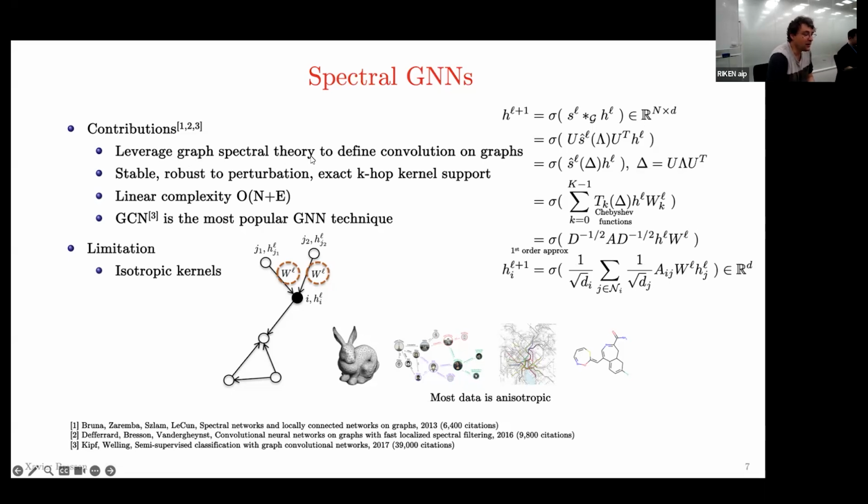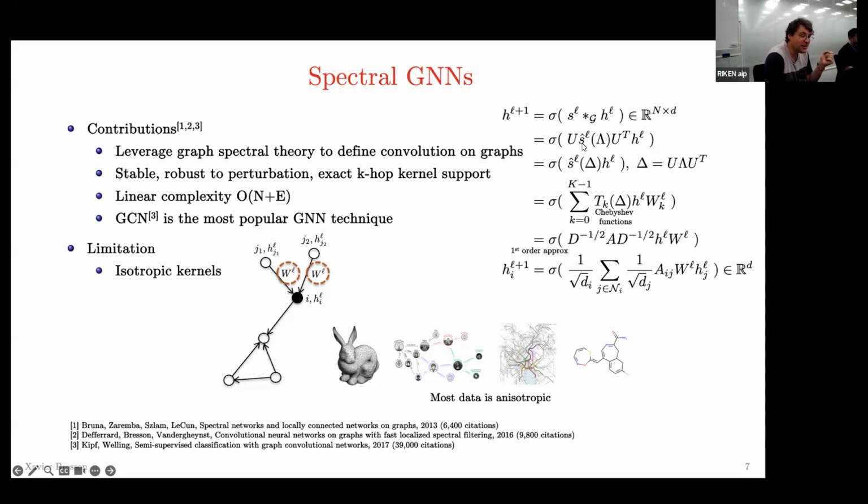In graph spectral theory, you can define convolution not on the spatial domain, the physical domain, but in the Fourier domain. The convolution between two functions on the graph is basically you take the Fourier transform of the two functions. So U is going to be the Laplacian eigenvectors, and then here you have your Laplacian spectrum, the Laplacian eigenvalues.